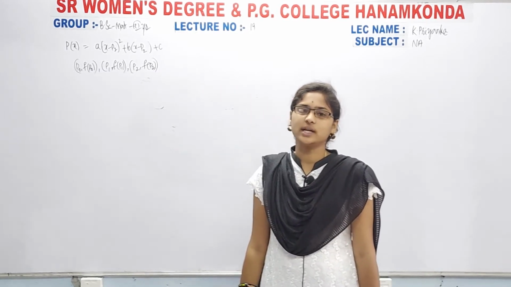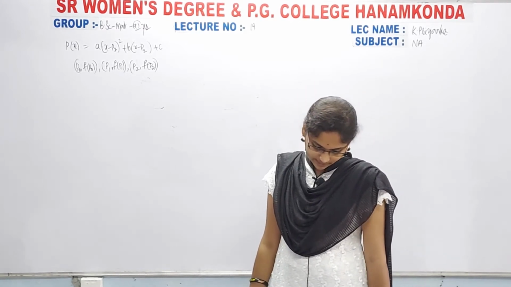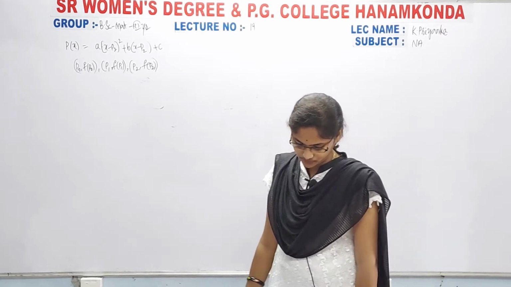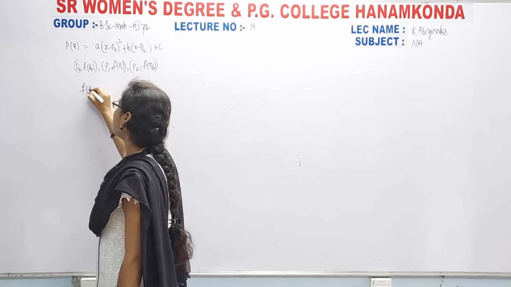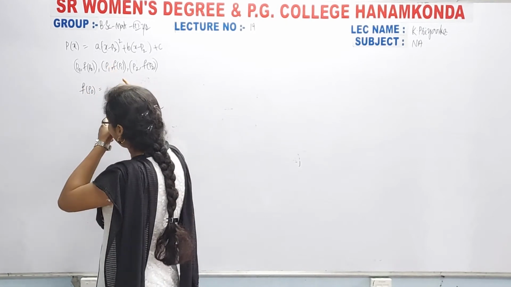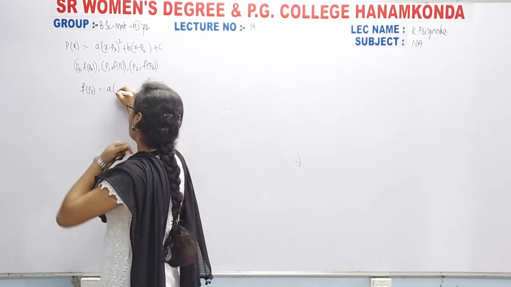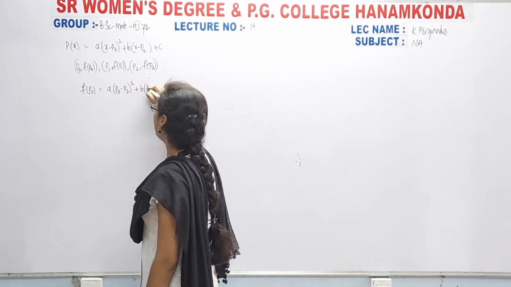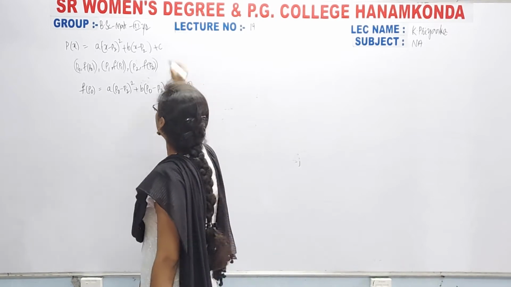Next line, the constants a, b, c can be determined from the conditions. f of p naught is equal to a of p naught minus p2 whole square plus b of p naught minus p2 plus c, equation number 1.